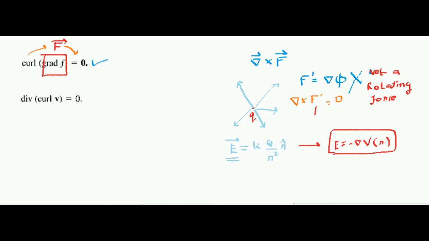So that's why we can say curl of a gradient is 0, since every non-rotating force can be written as a gradient of some scalar phi. So for this type of forces, the curl is 0. Let us see what do you mean by divergence of curl of V. V is some function. If curl of V exists, then V must be rotating. Now anything which is rotating, its divergence does not exist.